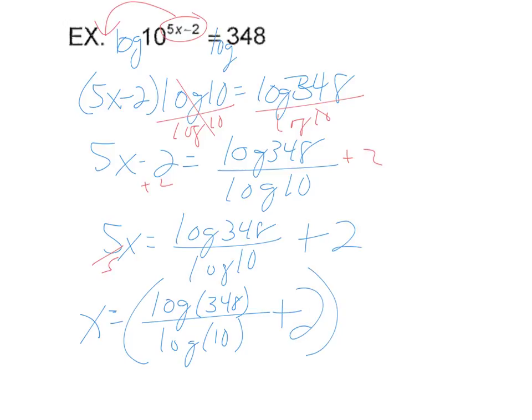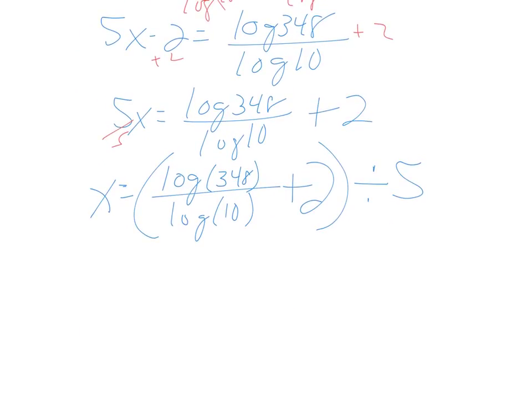You'll need these parentheses in your calculator; that set of parentheses tells the calculator that all of that gets divided by 5. Then in your calculator, rounded to 4 places, we get x equals 0.9083.